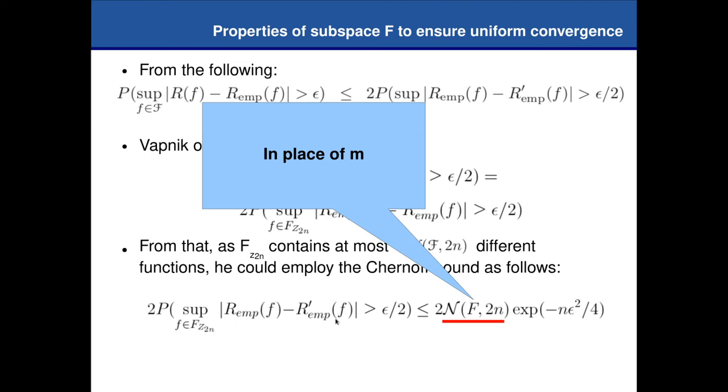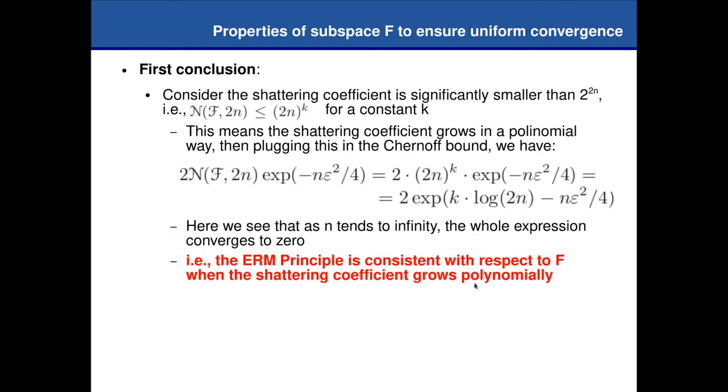When I consider two samples, I have to use this symmetrization lemma, and of course my shattering coefficient is not going to be in terms of a single sample, but in terms of two samples with the same size n, okay? In this case over here. Just remember what we did in the paper and pen based classes. So this is in place of m.